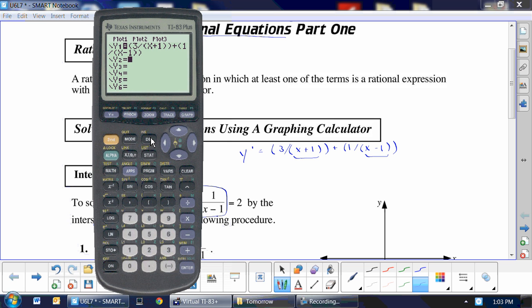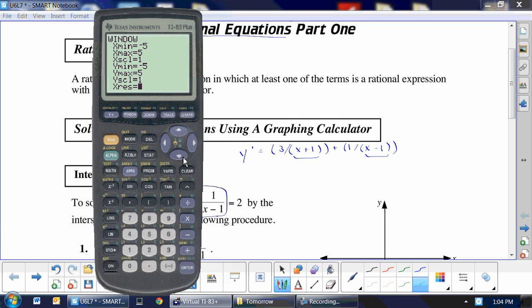Okay, so when you have this, if you hit graph, you'll get something that looks like this. If you have one of the newer calculators, it might not show you these lines here. If you have an error with your window range, just go to your window and change it all to -5s and 5s, like that.